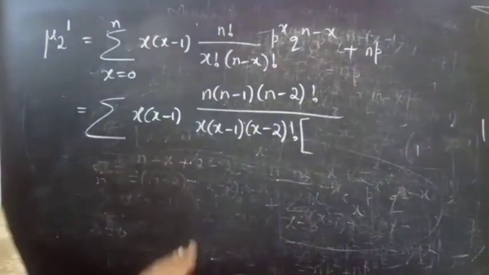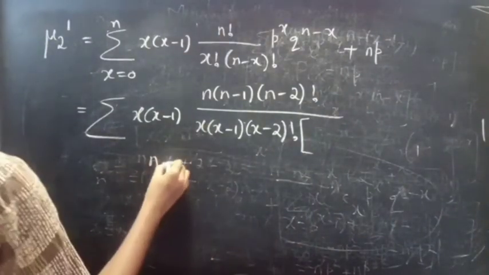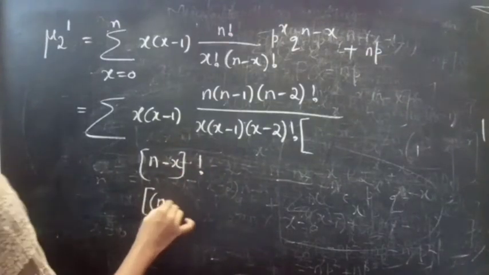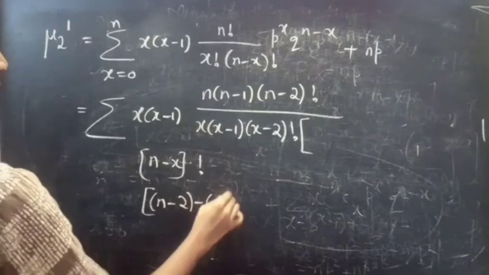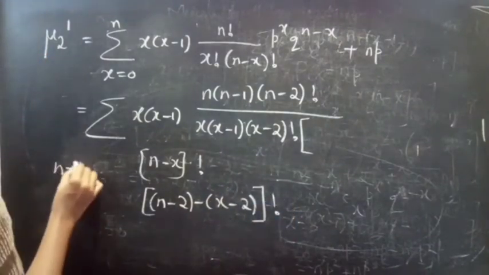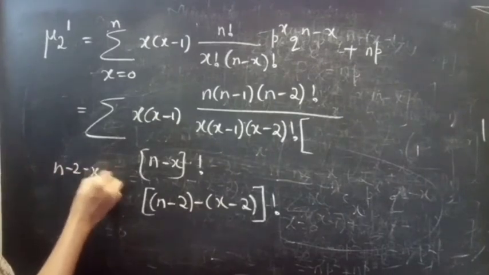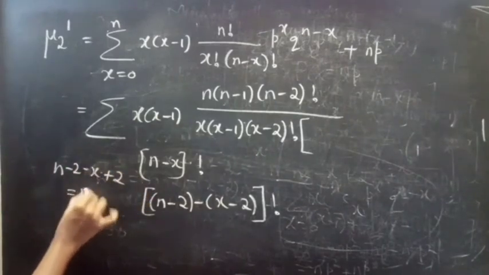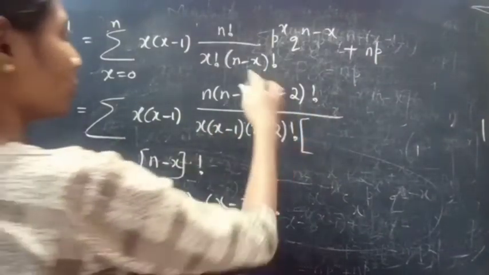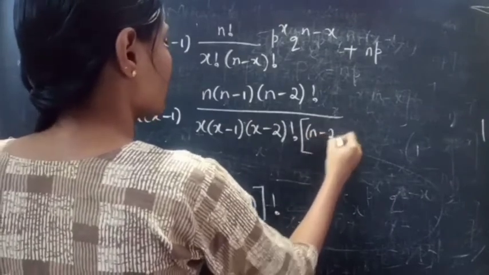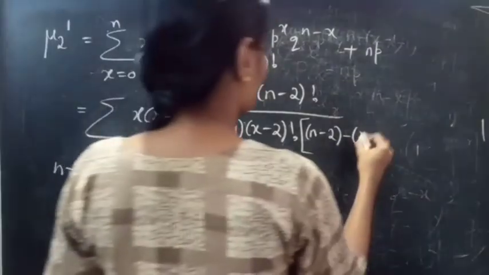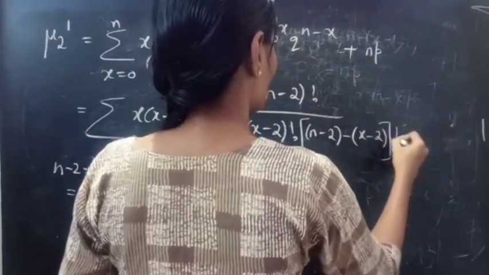So here we're having n minus x factorial, so we could write it as n minus 2 minus of x minus 2 factorial, since n minus 2 minus x plus 2 is equals to n minus x, which remains the same. So you can write it as n minus 2 minus of x minus 2 factorial.